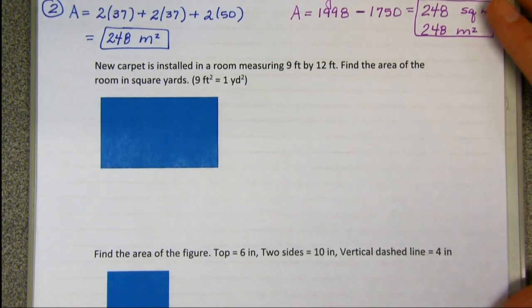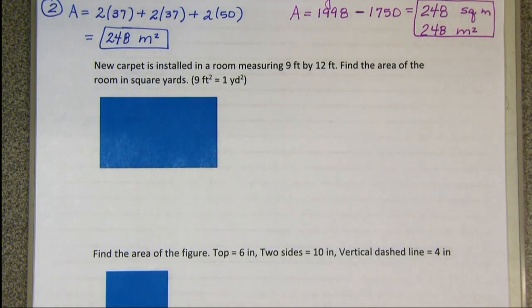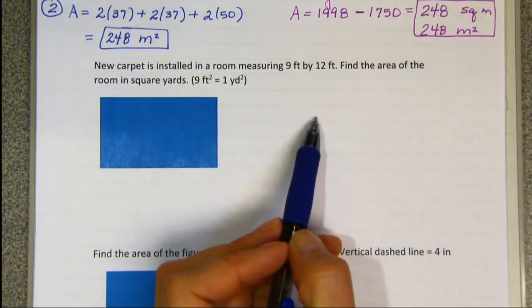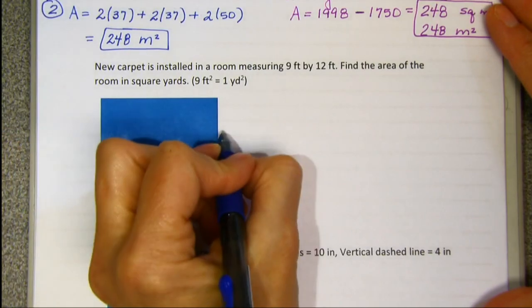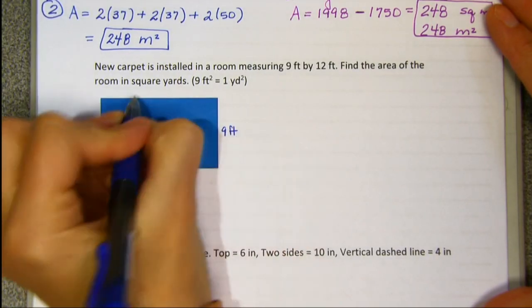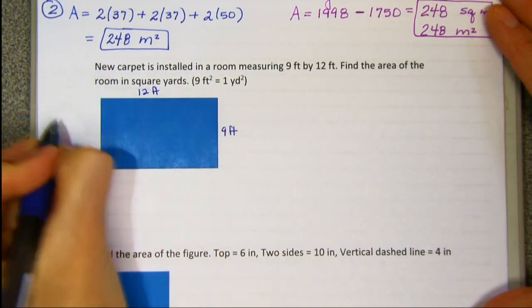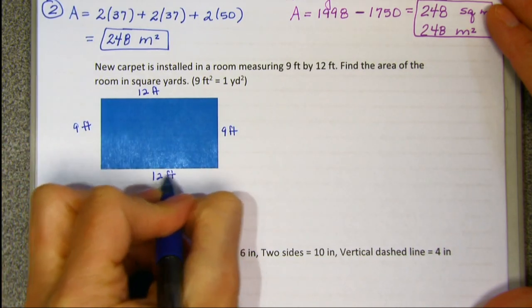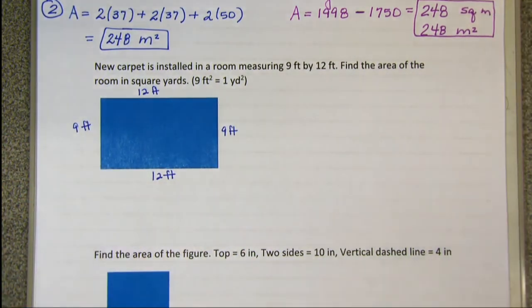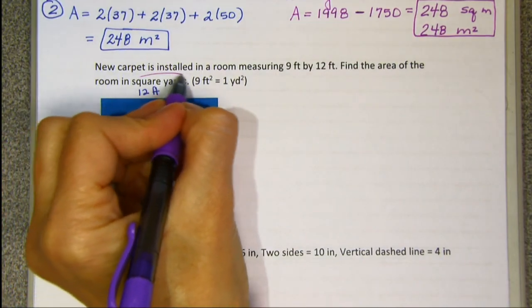New carpet is installed in a room measuring 9 feet by 12 feet. So that means this is 9 feet as well, and this is 12 feet as well. Now, it says find the area of the room in square yards.